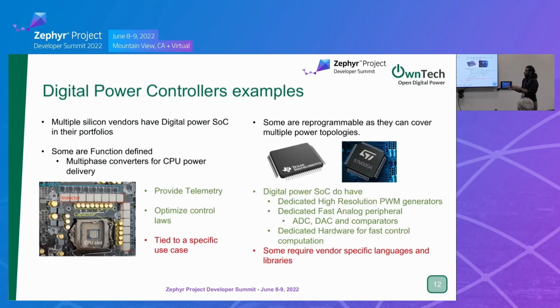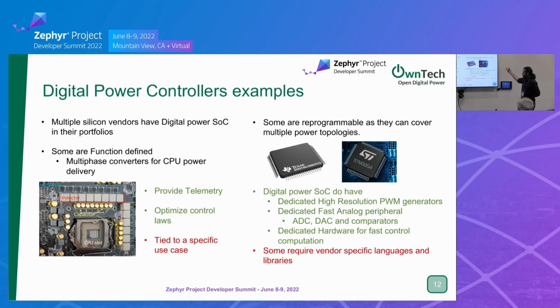There are a few examples of digital power controllers. Some of them are function-defined, which means that they are multi-phase converters, for instance for CPU power delivery. They provide telemetry and optimize control laws, but they are tied to a specific case, DC to DC conversion at a certain voltage level.